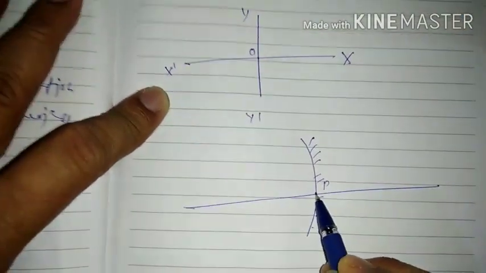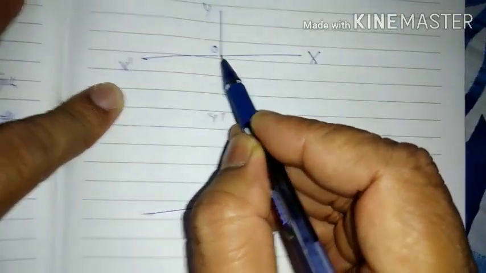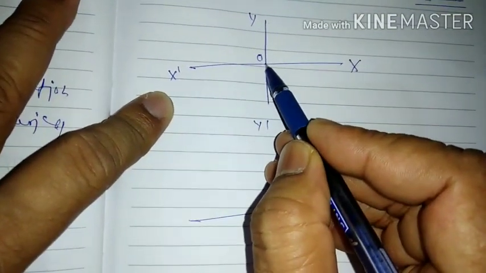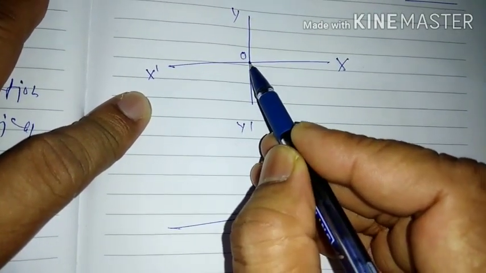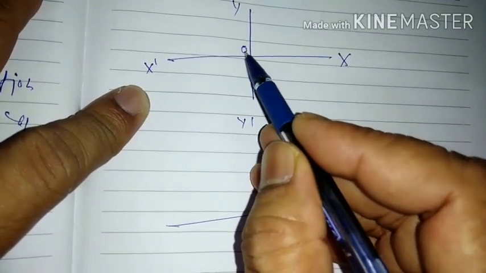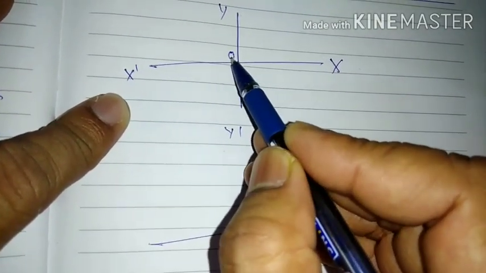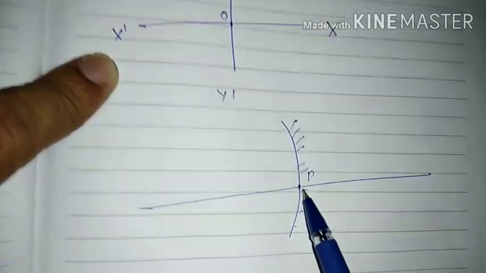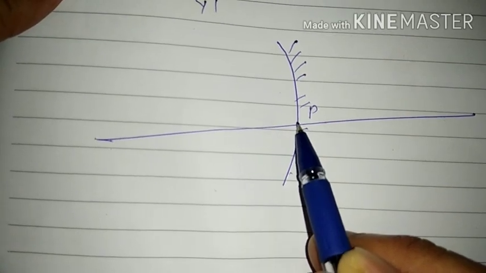So the pole of a spherical mirror just behaves like the origin of the Cartesian plane. In the Cartesian system every distance is measured from the origin. Similarly for a spherical mirror every distance will be measured from the pole.